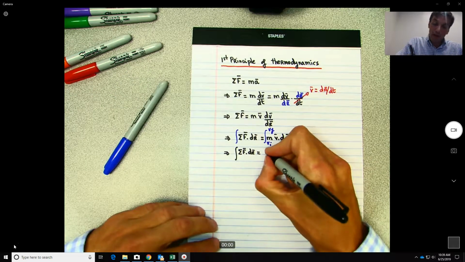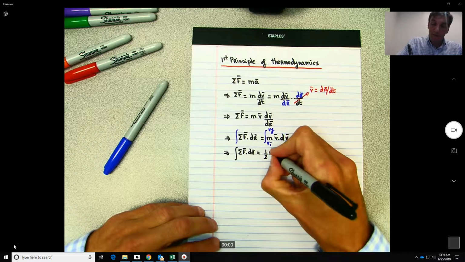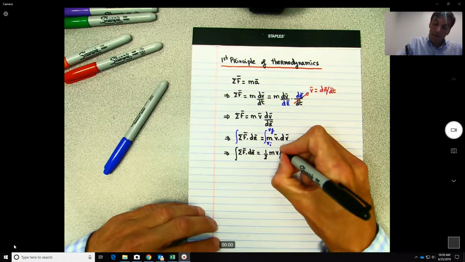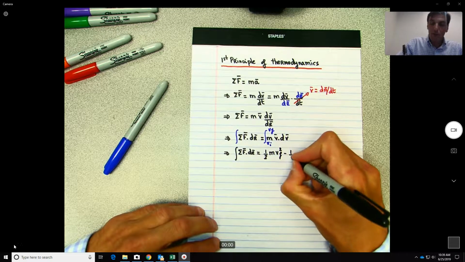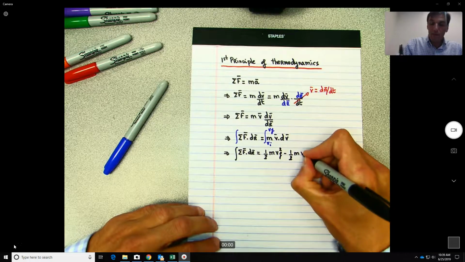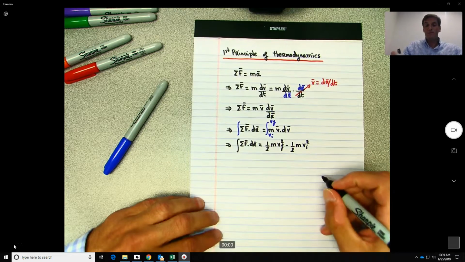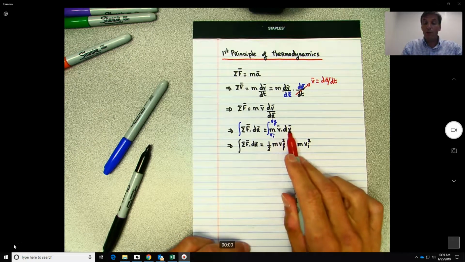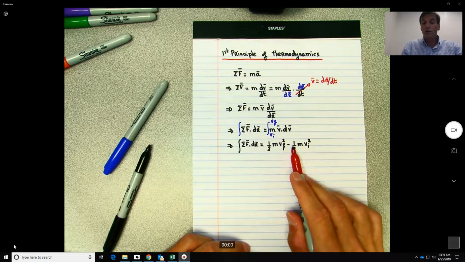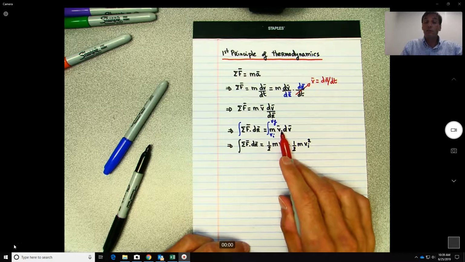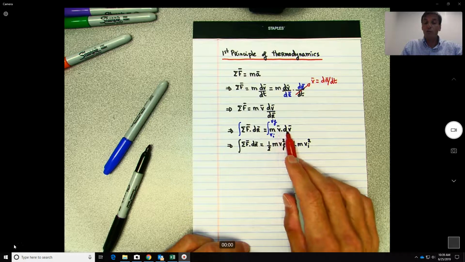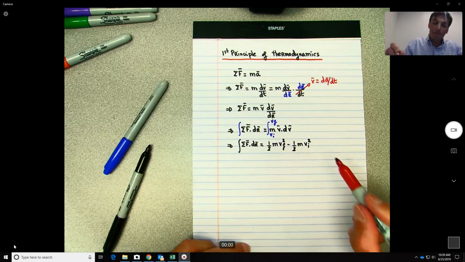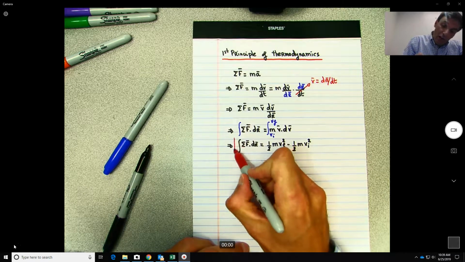You have on the right-hand side 1/2 m v final square minus 1/2 m v initial square. Okay? And here notice that we went from a vector equation to a scalar quantity. The reason is because when you do the scalar product or the dot product of two vectors, you get a scalar quantity.